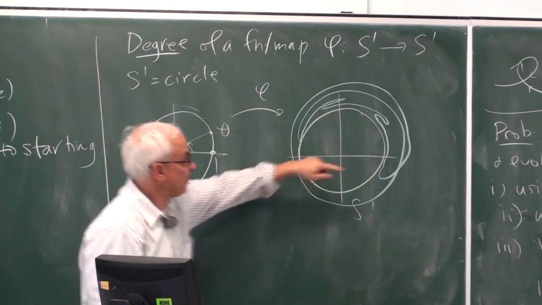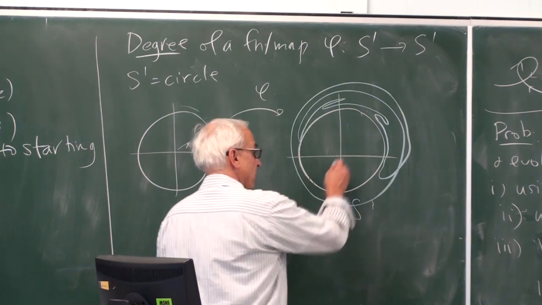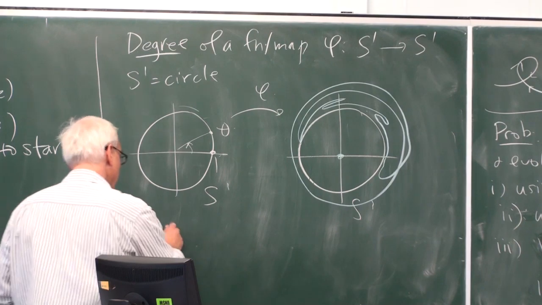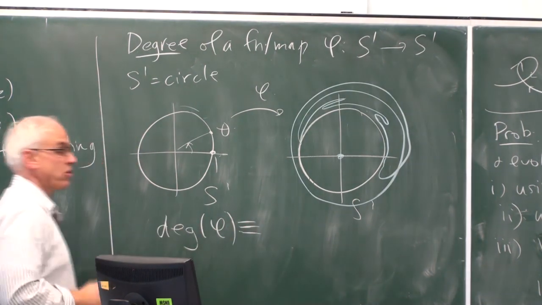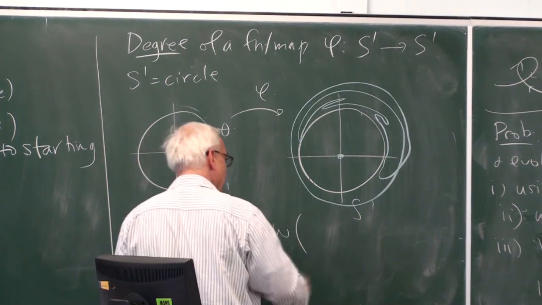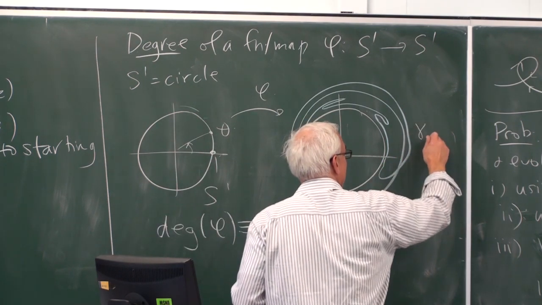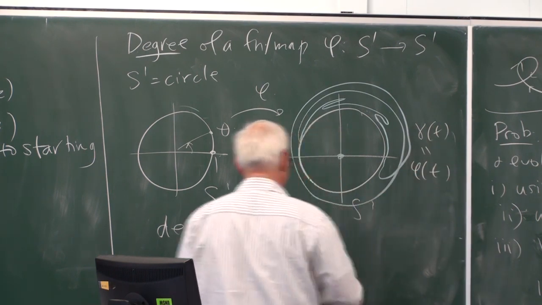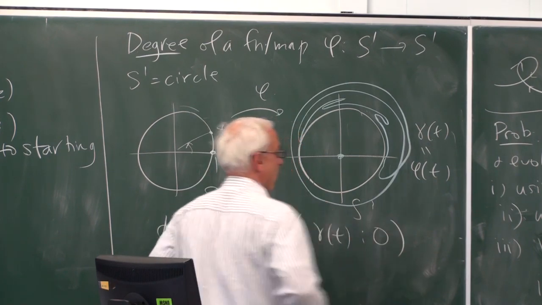And so then we can think about this curve here as a curve in the plane that's going around the origin. And we can define the degree of this function or mapping to be the winding number of the curve, well, maybe gamma of t equals phi of t. The winding number of the curve gamma of t around the point O.